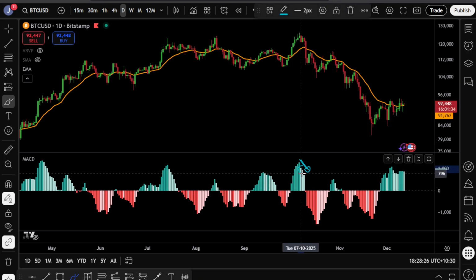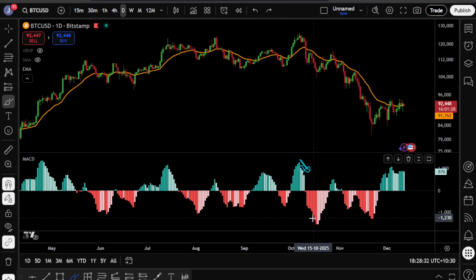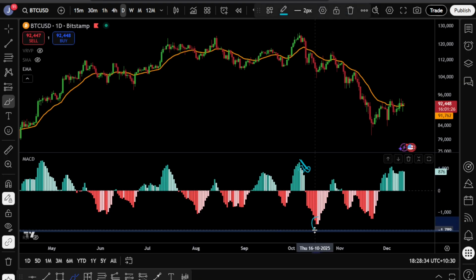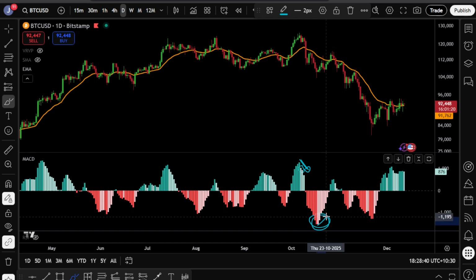The bearish momentum started back here and is continuing to increase as we move into the red indicator. When this red MACD histogram shifts from dark red to this light red color, that's the indicator to signal, okay, the bearish momentum is now fading and some bullish momentum is coming in.